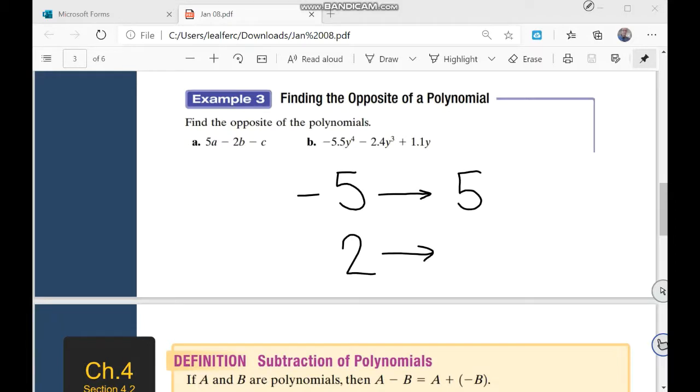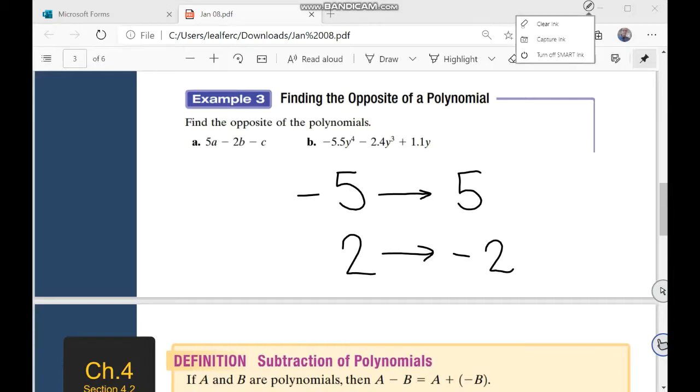You have to change the sign to find the opposite. You change the sign of the term. The opposite of 2 or +2 is -2. This is how we find the opposite of a number, and to find the opposite of a polynomial, you just have to change the sign of each term.